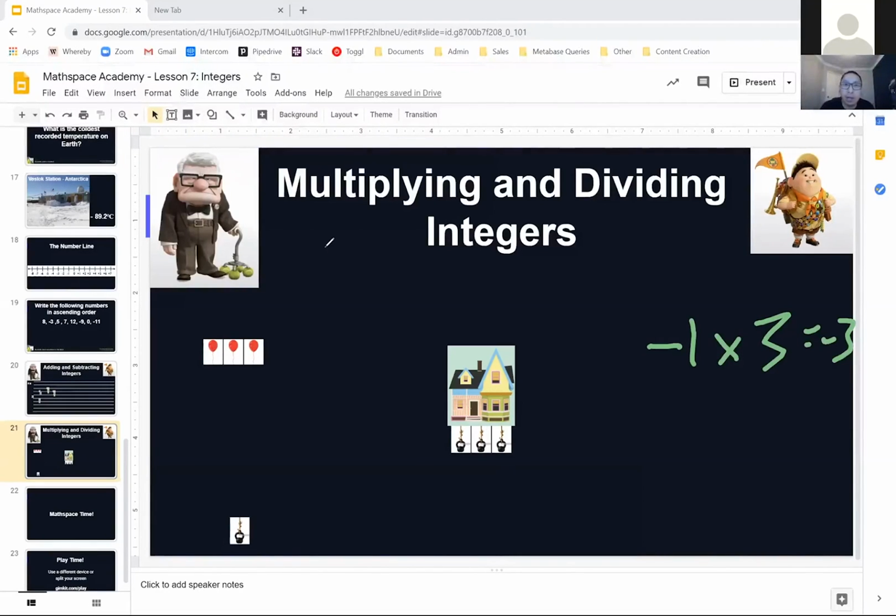And if I get out of this drawing mode, if I had 2 weights and I had 3 lots of those 2 weights, right? Let's pick a different number. Let's say I had 2 lots of those 2 weights, negative 2 weights, right? So I have 1 lot of negative 2, right? Because remember, multiplication is just like groups of. It's just a quick form of addition. So here we go.